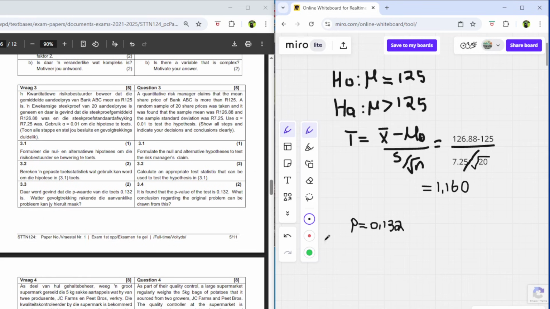What conclusion regarding the initial problem can be drawn from this? So this is the p-value.